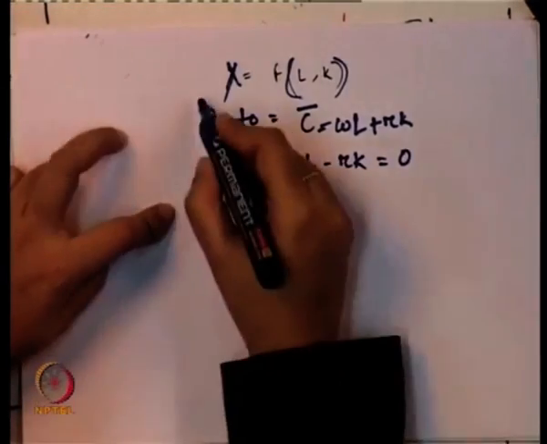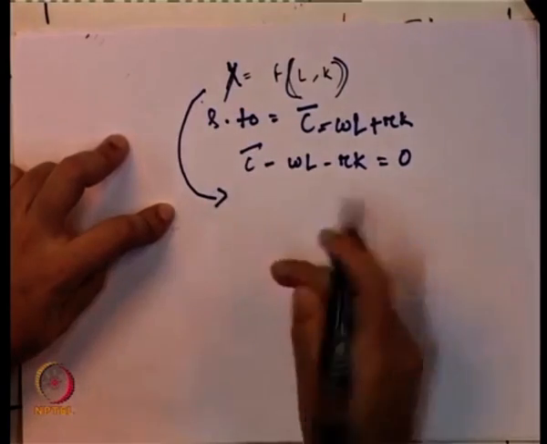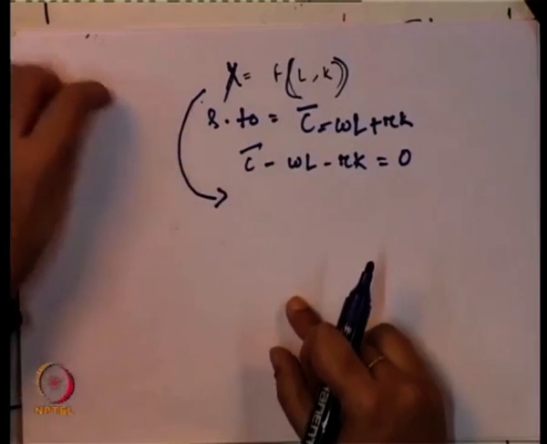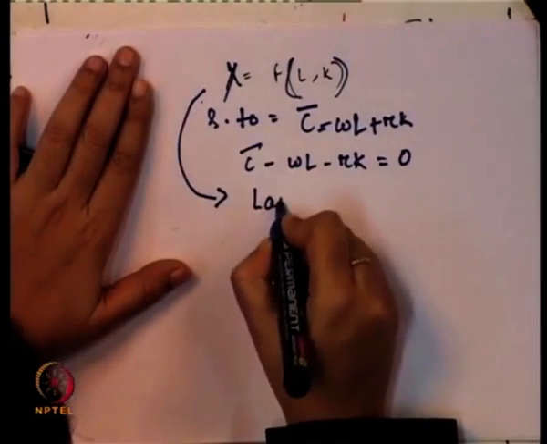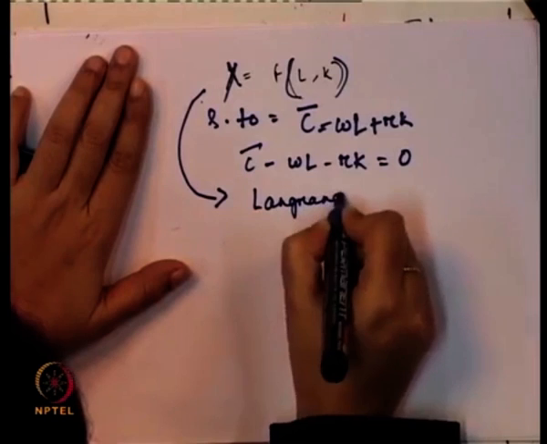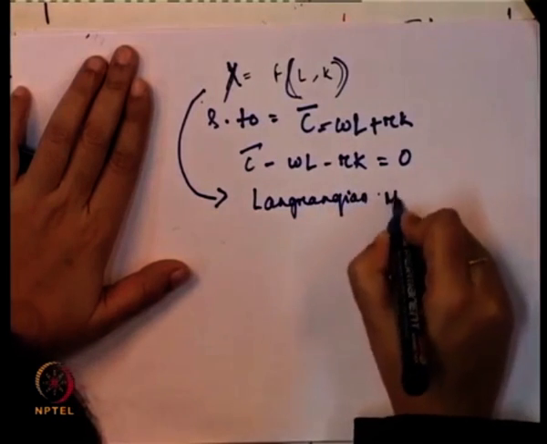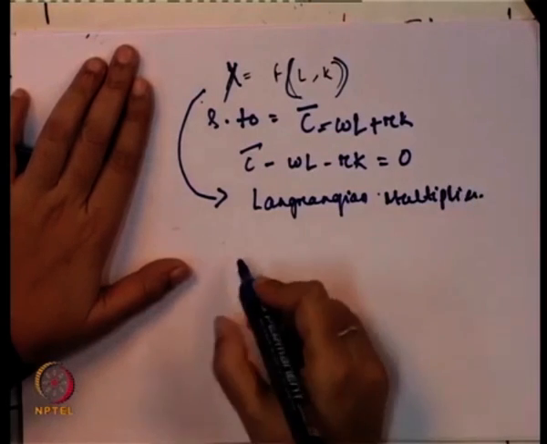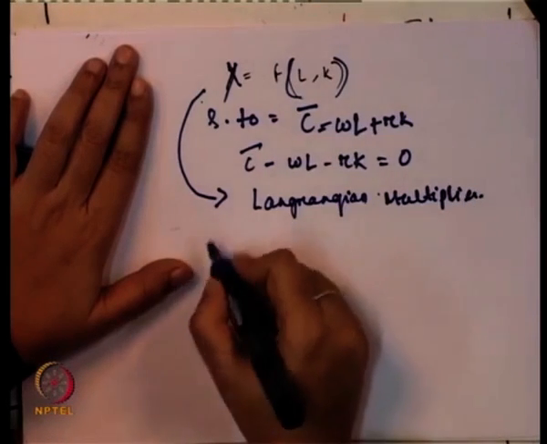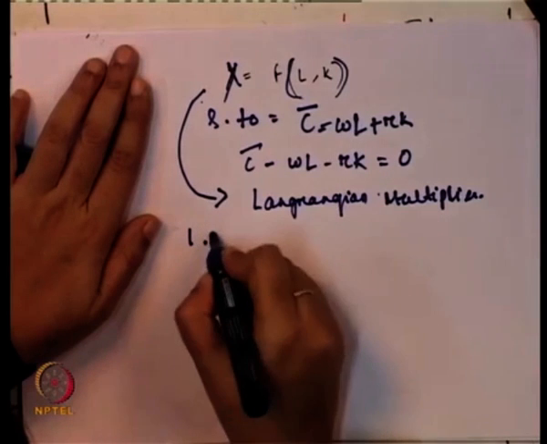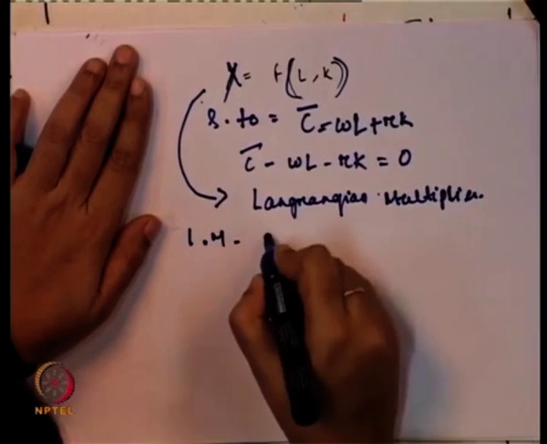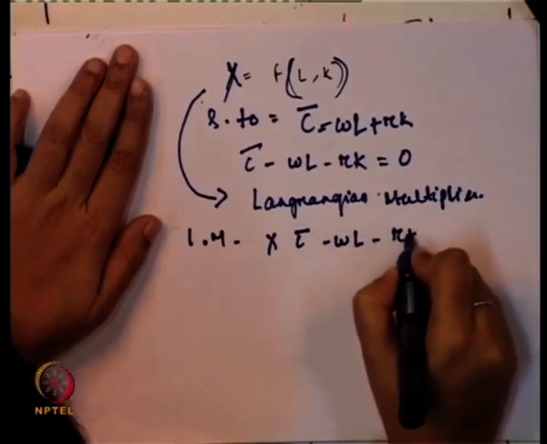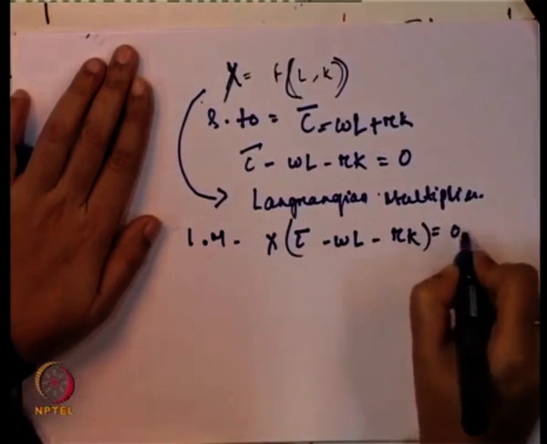Whenever we need to maximize or minimize something with respect to a constraint, in this case we need to use a Lagrangian multiplier, generally known as the Lagrangian multiplier method. And what is the Lagrangian multiplier here? It is x plus lambda times C bar minus W L minus R K, which is equal to 0.